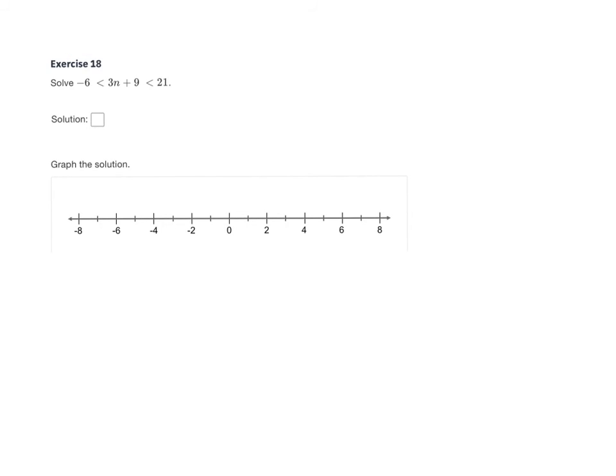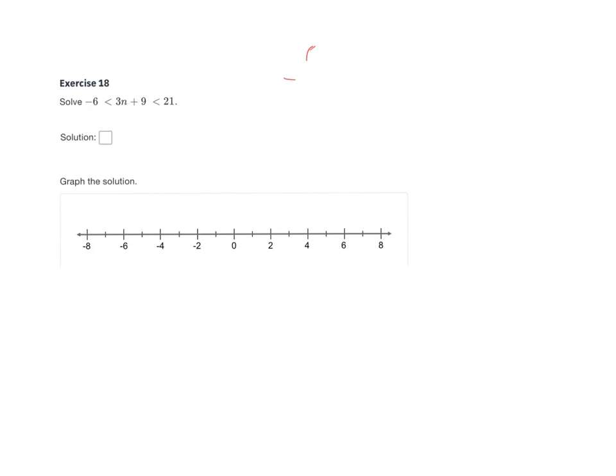Last one on the homework assignment, I'm going to write this as negative 6. Try that again. Negative 6 less than 3n plus 9 less than 21. And what we're going to do is think of this as a two-step equation, order of operations backwards. We're going to get rid of this plus 9. So I'm going to minus 9 from all three parts.